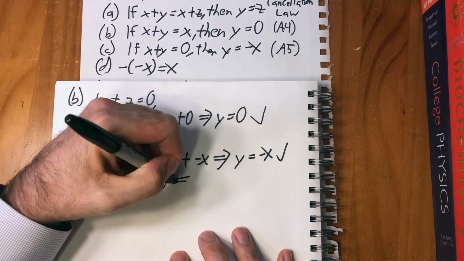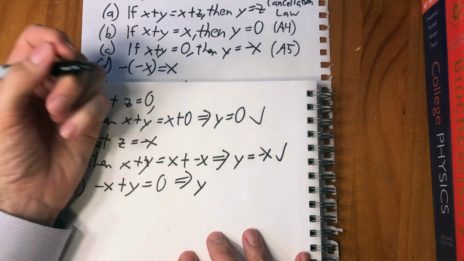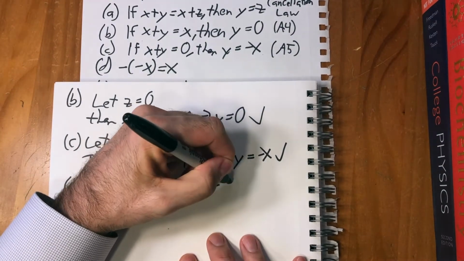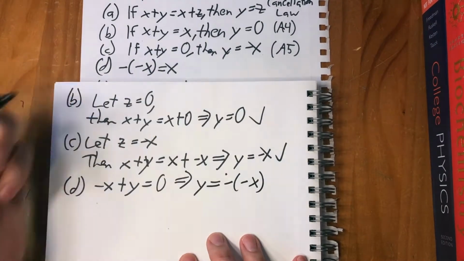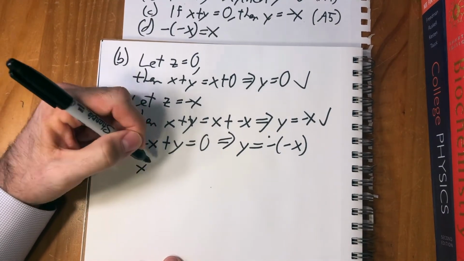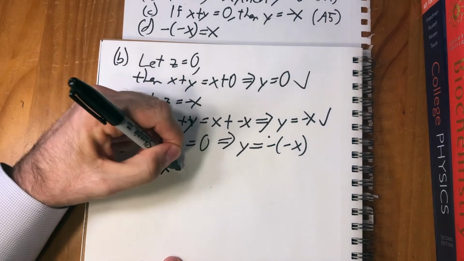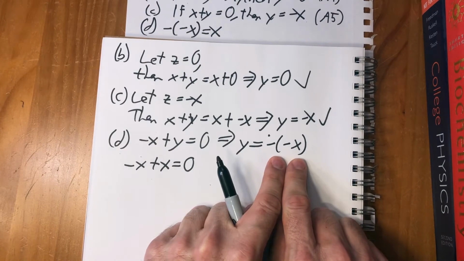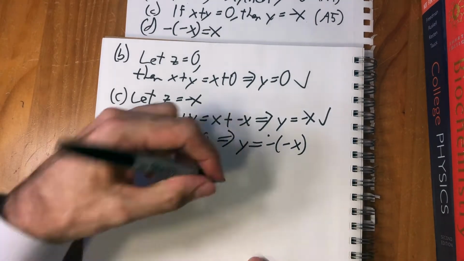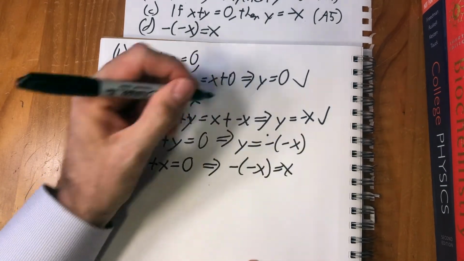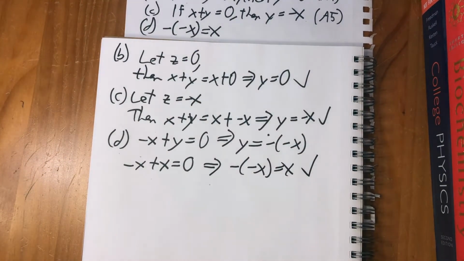That means that y is going to be the opposite of x. Now we know from the inverse property of fields that minus x plus x equals 0, but we just showed here that y equals minus x. So we must have that minus x equals x. Which is what we're supposed to show. Okay? Cool.